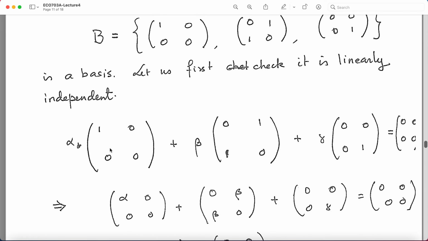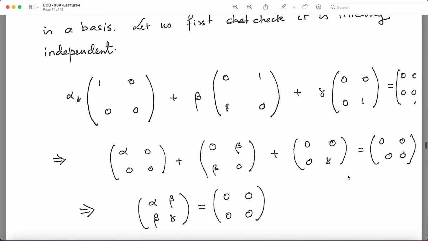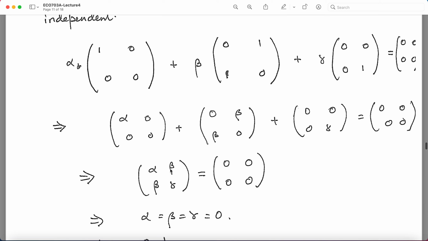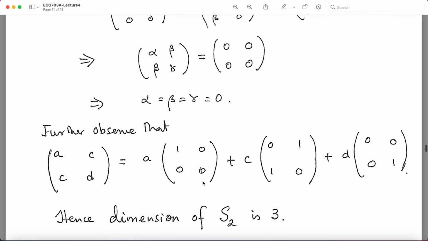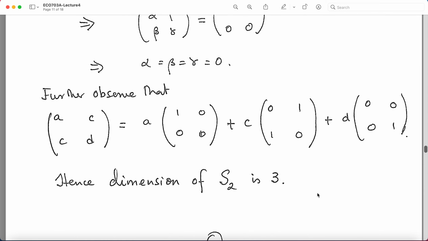You add them up, putting the scalars alpha, beta, gamma from R, and that should give the 0 matrix. When you do it, what I have is alpha, beta, beta, gamma, equal to 0 0 0 0. Because these two matrices are equal, all their elements are equal. So, alpha equals beta equals gamma equals 0. And you take any A, C, C, D, you can always write it as a linear combination of 3 vectors, showing that the dimension of S2 is indeed 3.